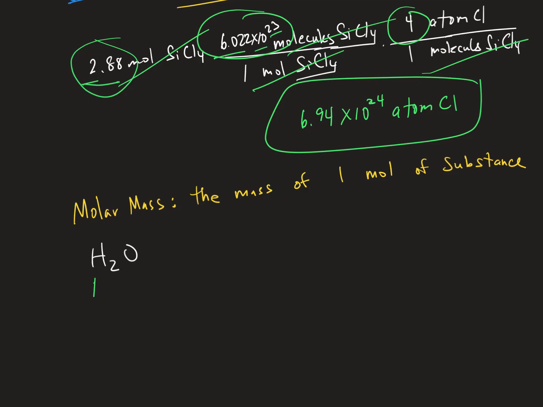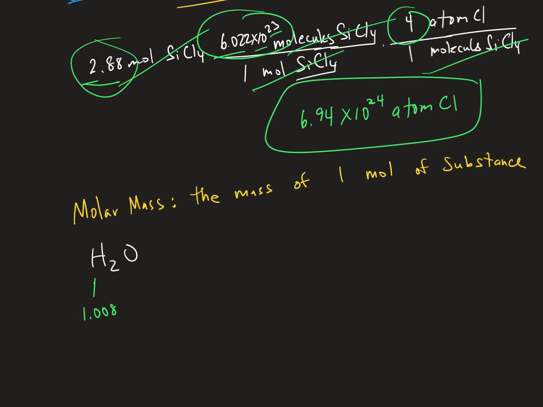So what's the molar mass of hydrogen? 1.008, if you look on the periodic table. Does anybody need a periodic table to look at? If anybody does, you can come grab one. All right, so I want you to look these up for me.